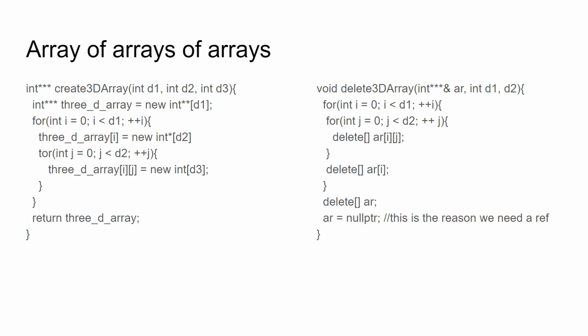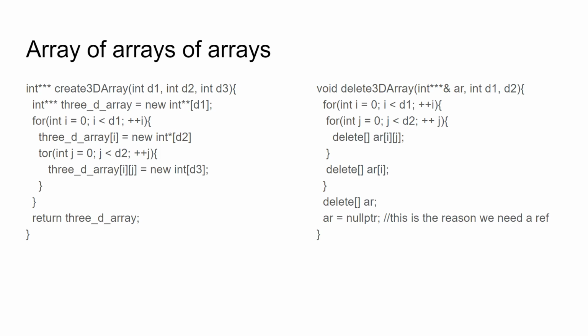So this is what's happening. This first new over here creates integer double pointers. So here's 3D, and he's pointing over to this array of integer double pointers.